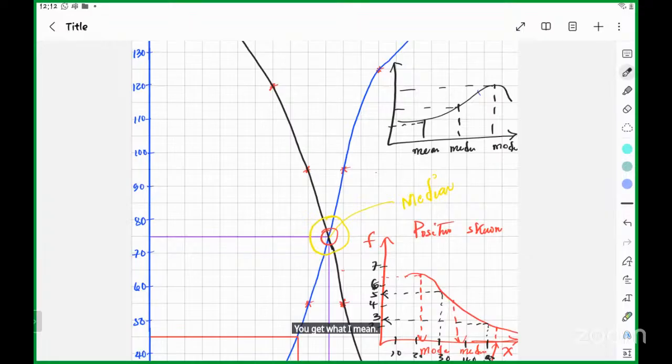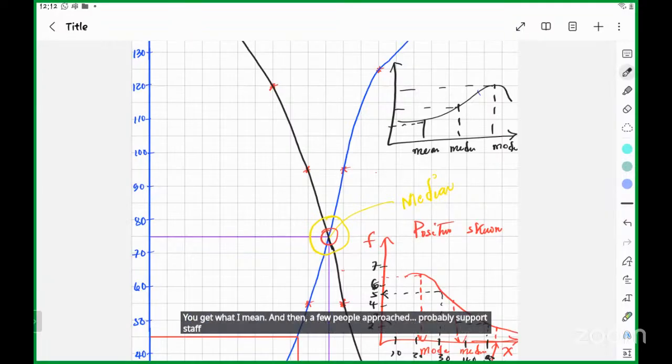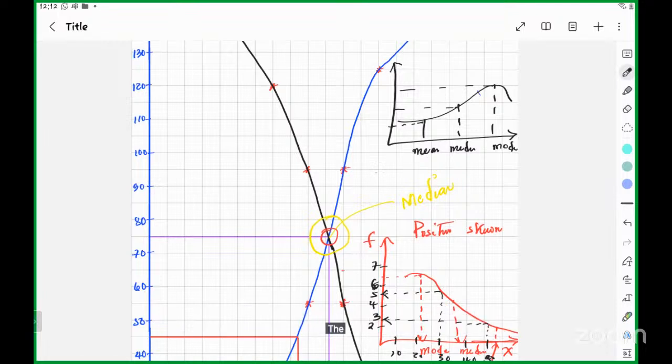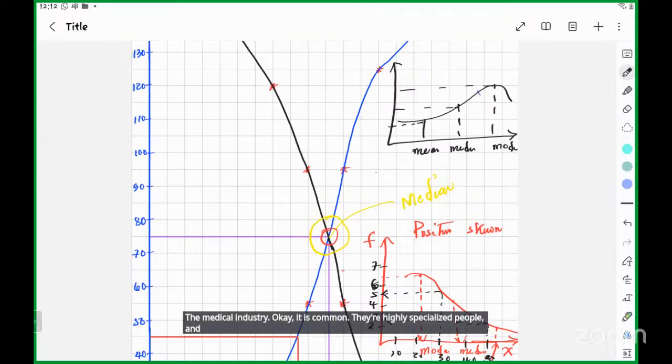And then the few people are probably support staff. They support the highly technical persons. You could have seen that with the medical industry. It is common. They are highly specialized people, and there are many in their industry, but they have support people.